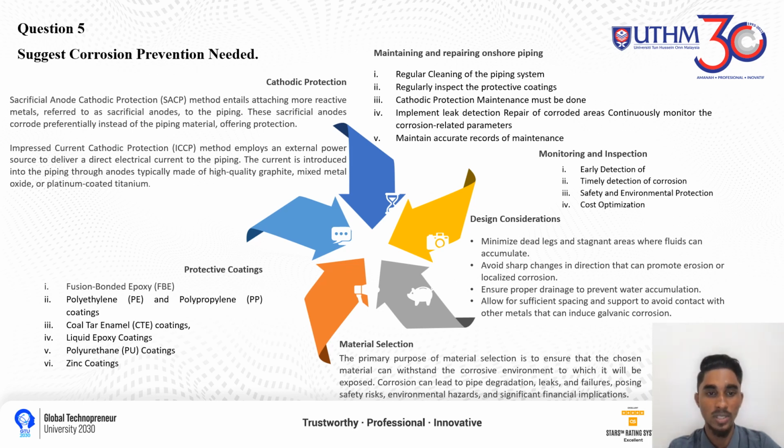The next one is to continuously monitor corrosion-related parameters such as pipe-to-soil potential, coating integrity and corrosion rate. Analyze the collected data over time to identify trends, corrosion hotspots, and areas requiring targeted maintenance or additional corrosion control methods. The last one is to maintain accurate records of maintenance activities, repairs, inspection results, and any corrosion-related incidents.